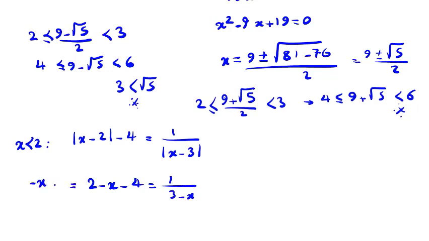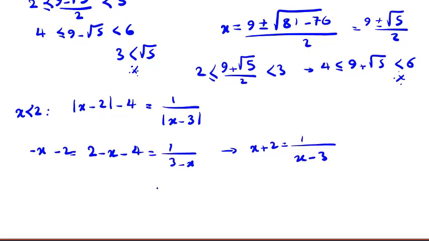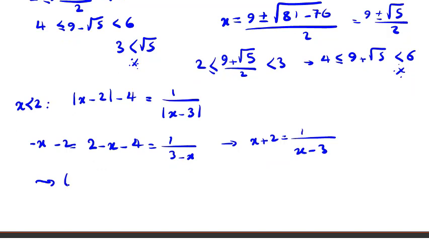Minus x minus 2. So if I multiply both sides by negative 1, x plus 2 equals 1 over x minus 3. And if we cross multiply, x plus 2 times x minus 3 will be 1. So x squared minus x minus 6 minus 1, that is minus 7, equals 0.